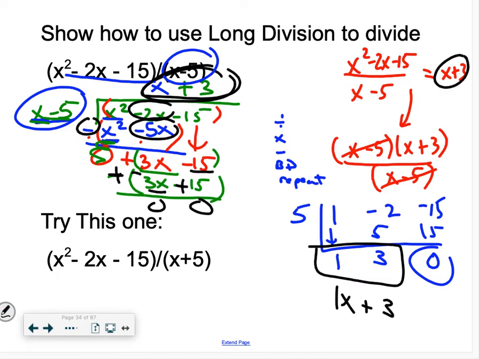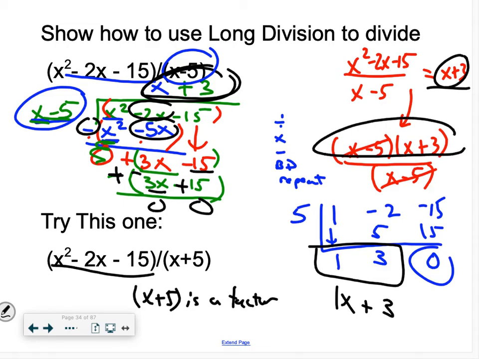So that tells me, since I divided them and I got another factor with a remainder of 0, I could say x minus 5 is a factor of x squared minus 2x minus 15. I could also say x plus 3 is a factor. Those are the two factors.